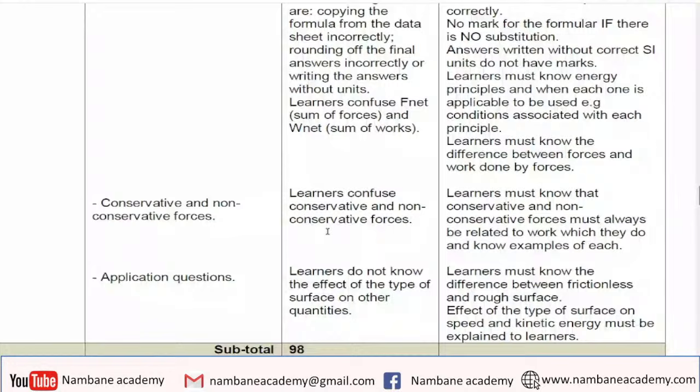And the sum of the two in an isolated system will always give us what? Will always give us the mechanical energy. Those are some of the things that we need to make learners aware of. But when will the object lose energy? In that instance, the energy just changed from one form to the other form. But as a whole, the energy is not lost in the system.